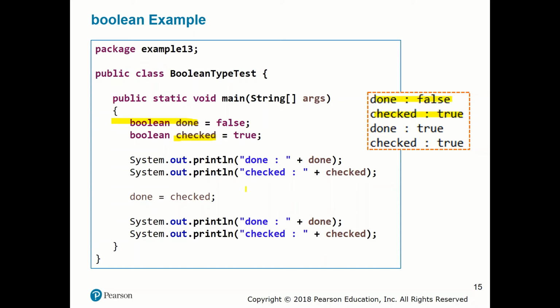And then I assign the value of checked into done. So the value of checked will be assigned to done. This means that these two both have true. So finally, if I print out these two, then both will print out true like this. Up to now, we have studied all 8 primitive data types in Java.